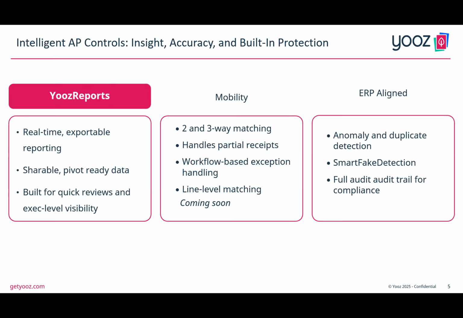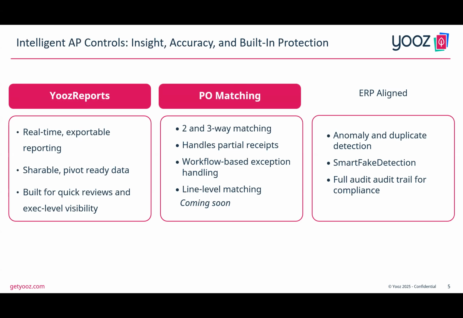Use reports gives you real-time visibility into everything happening in AP. Reports are exportable, easy to share, and pivot ready, so teams can quickly analyze spend, spot trends, and present clean data to leadership without extra work. It turns AP into something you can actually use to make decisions.